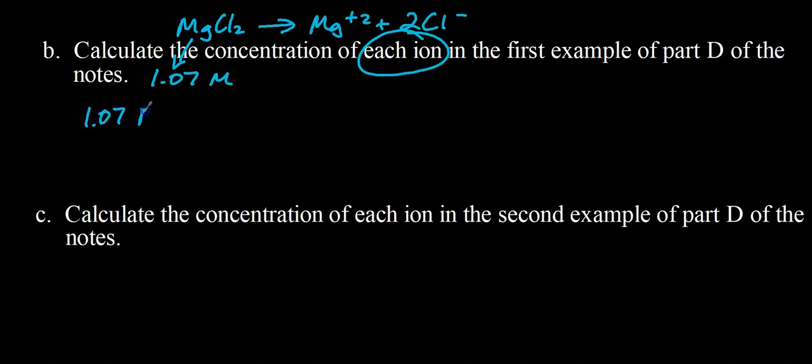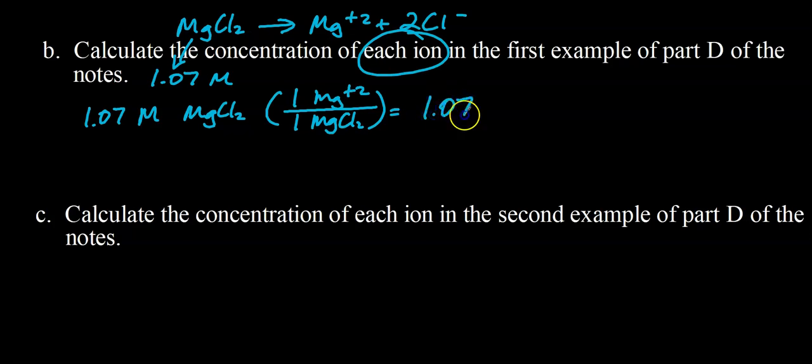Start off with 1.07 molar magnesium chloride. And I'm going to write a mole ratio. We have 1 magnesium ion produced in solution for every 1 magnesium chloride that dissolves. Therefore, the concentration of the magnesium ions in solution is 1.07 molar.